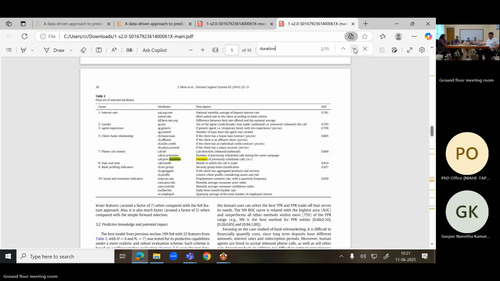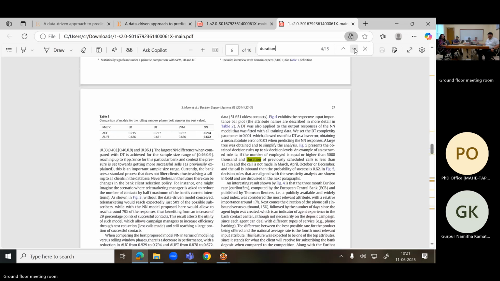Okay. Then the final set of selected attributes. Is it shown? Was it called duration? Duration. Just duration. Okay.